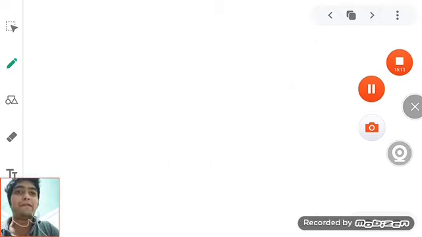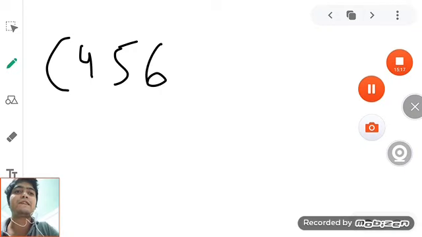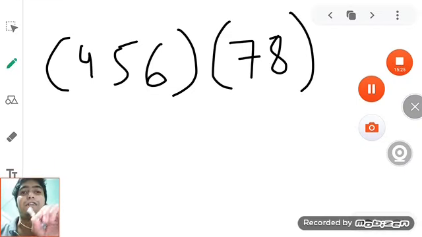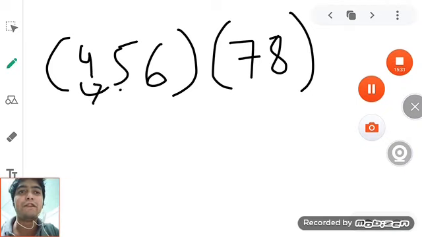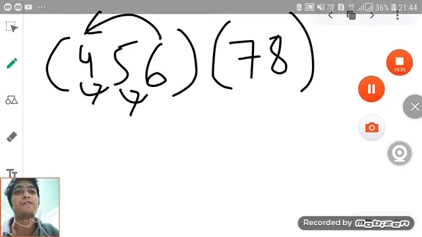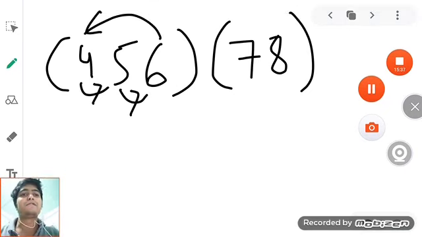First, let us understand this. If I have 4, 5, 6, something like this, how will I read this one out? I will say 4 goes to 5, 5 goes to 6, and 6 goes to 4.